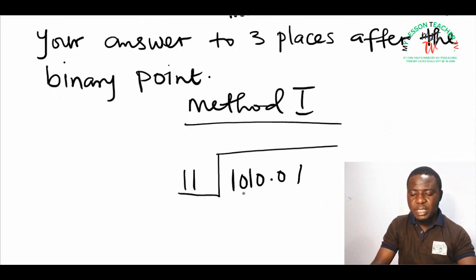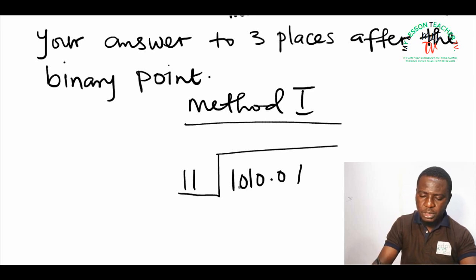So we must get a digit in base 2 whose equivalent is greater than or equal to 3 in base 10 before we can divide. So 1 into 1, it cannot. Into 10, it cannot. Into 101, in base 10 is said to be 5.